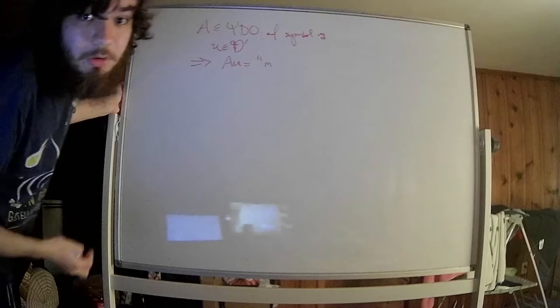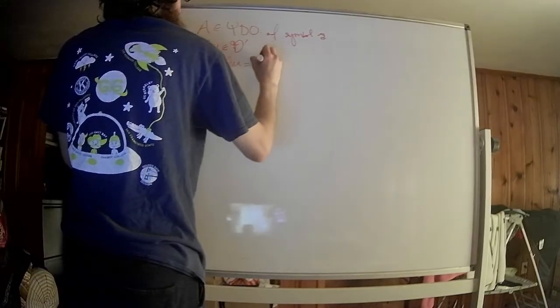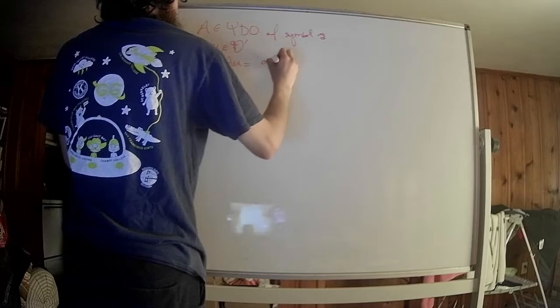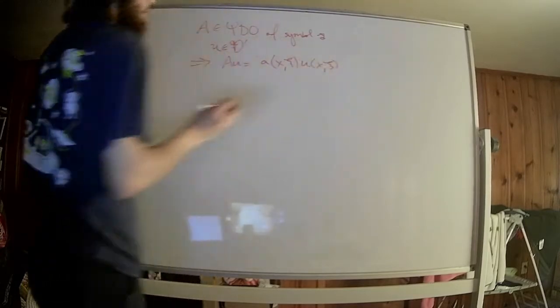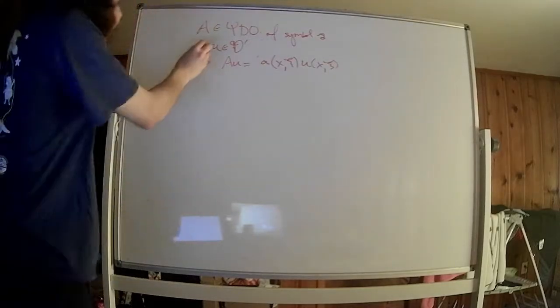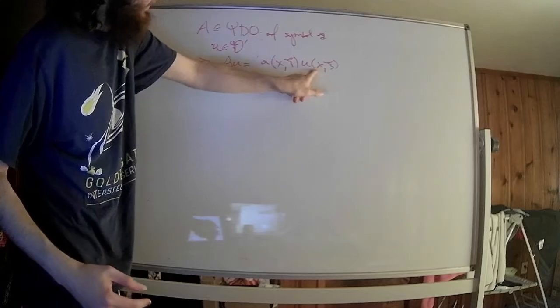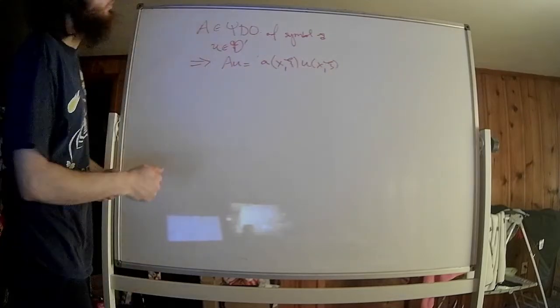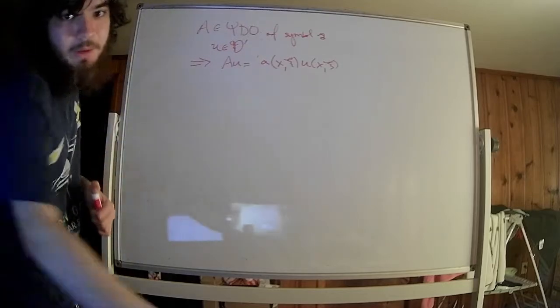is like A(x, ξ) U(x, ξ), where again we're thinking of U not as a distribution, but as a function that eats time and frequency and spits out amplitudes, and this is just function multiplication.